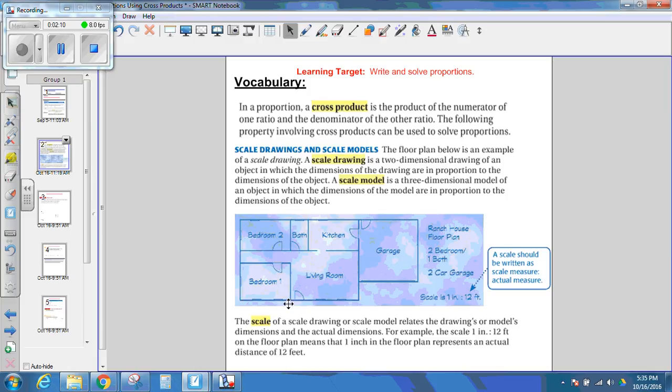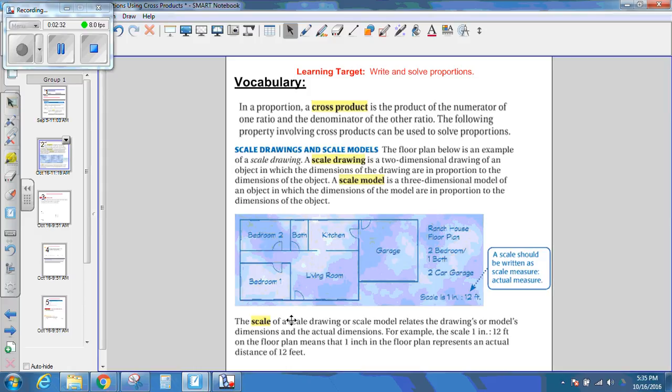If you were to blow this drawing up and make it life size, it would be the actual size of, it looks like, a ranch house. A scale model would be an actual three-dimensional model. So we could build a scale model of this floor plan of a ranch house. And that would be three-dimensional, so 3D.